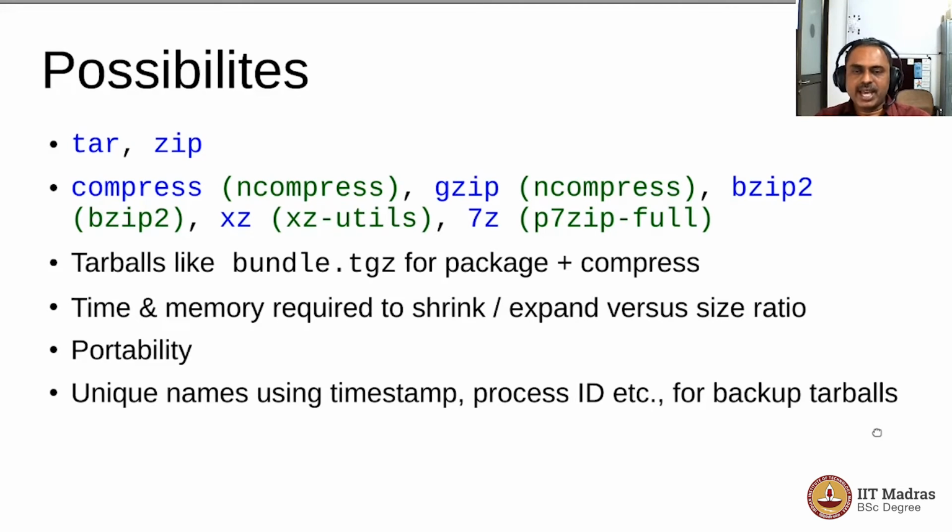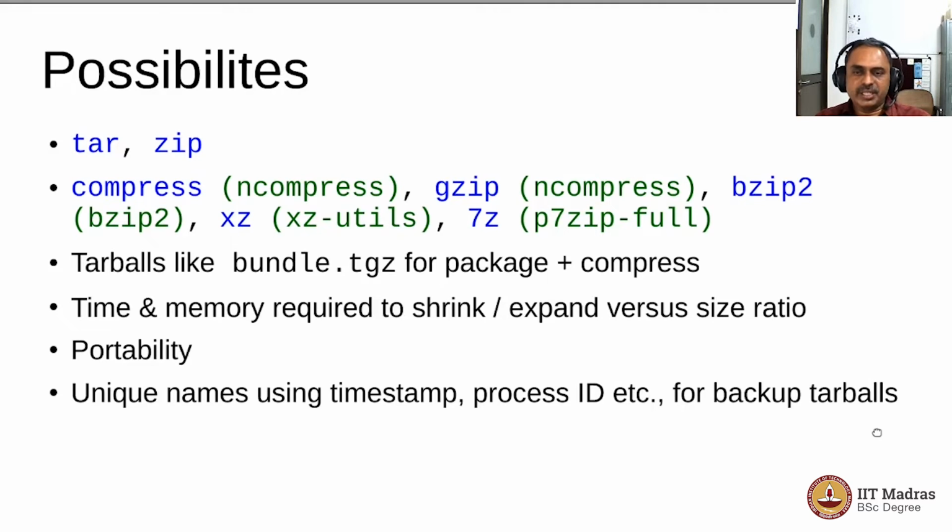So you can actually have a possibility of zipping the files while adding into the tar file, and so the .tgz file format, that is combining tar as well as gzip together, is also a very good option.